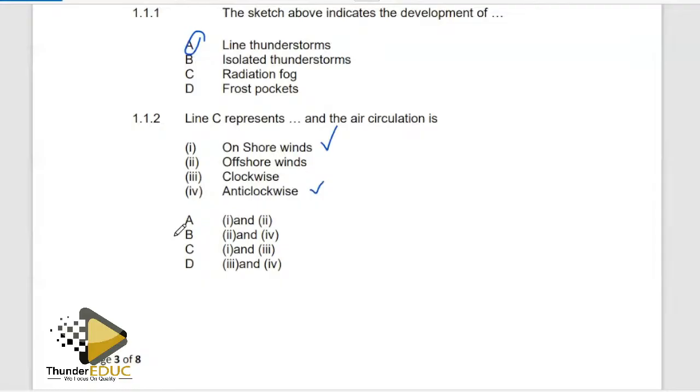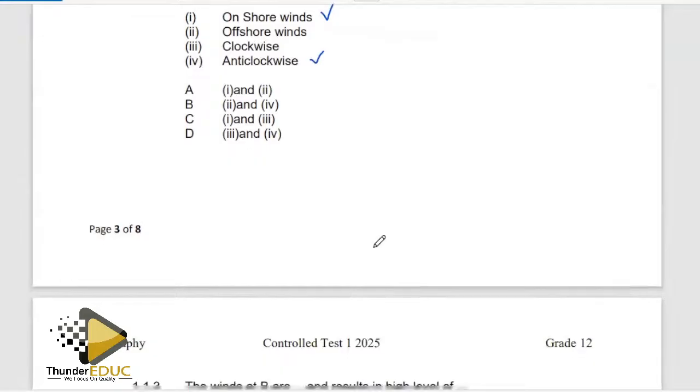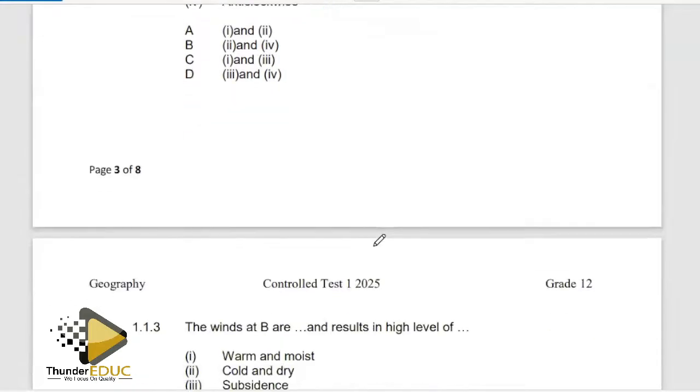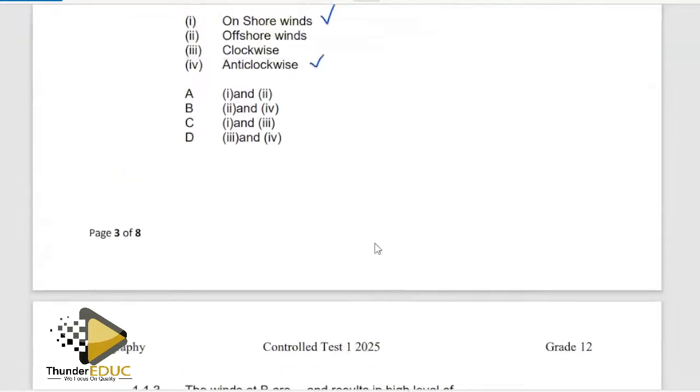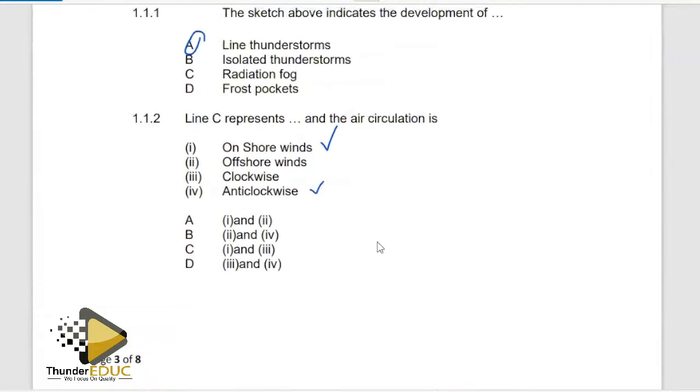Which gives us the correct response: onshore and anti-cyclonic winds. Right. That should give us the matching response for the item, which is item B. Unfortunately, there is an errata which I did not present here.